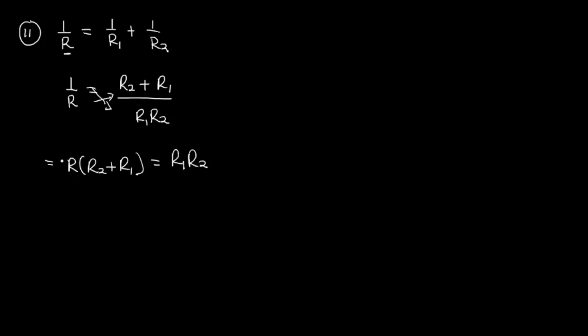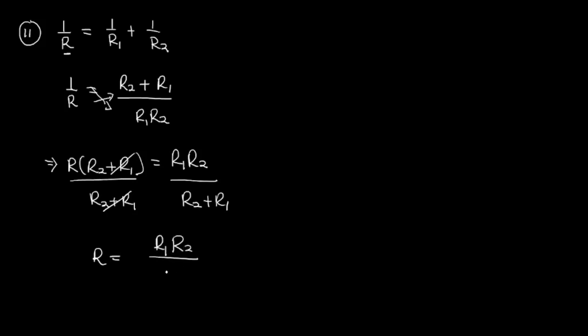So from here we can divide both sides by r2 plus r1. So when we do that, we have our expression for r to be equal to r1 r2 over r2 plus r1.